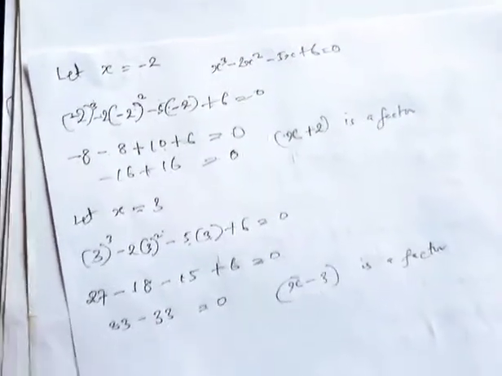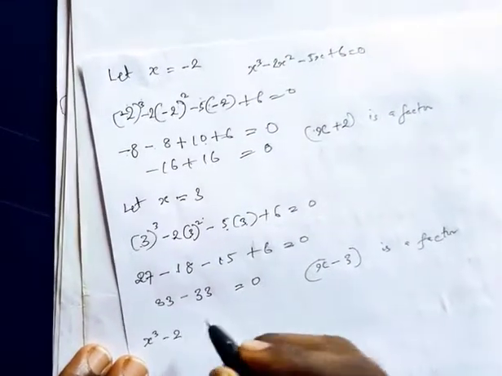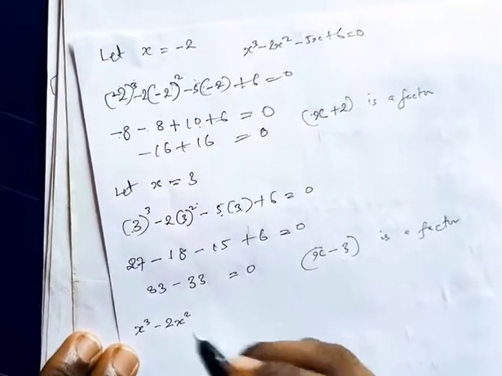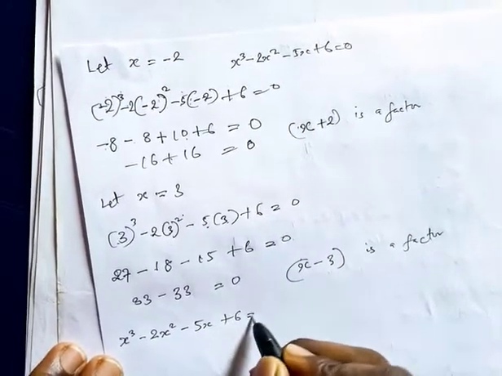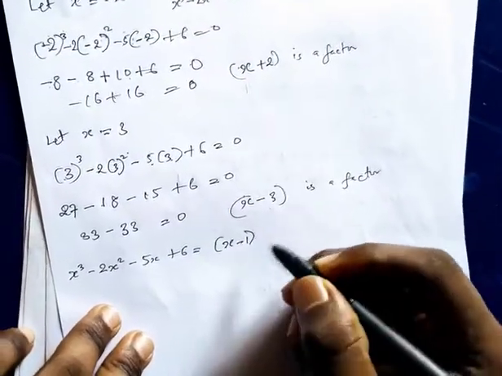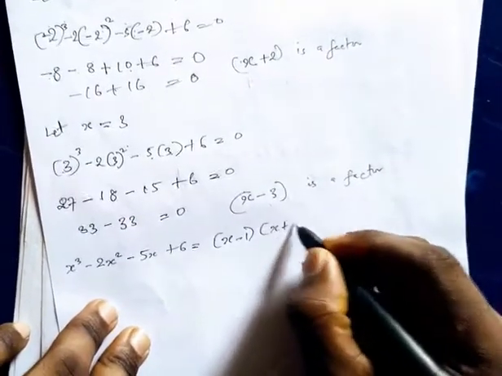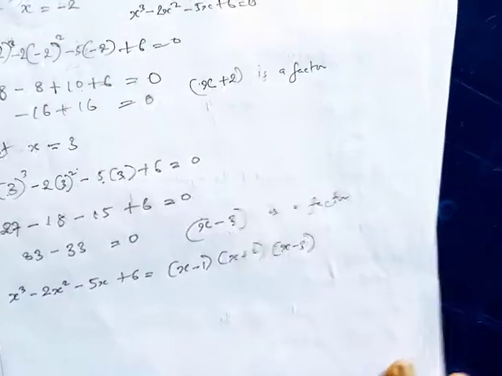Now, from this, we see that x cubed minus 2x squared minus 5x plus 6 is equal to the product of x minus 1, x plus 2, x minus 3.